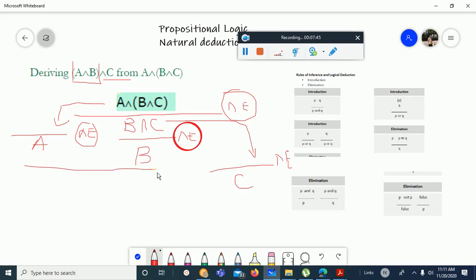So we have A and B, we have A, B. So we will use this introduction rule.